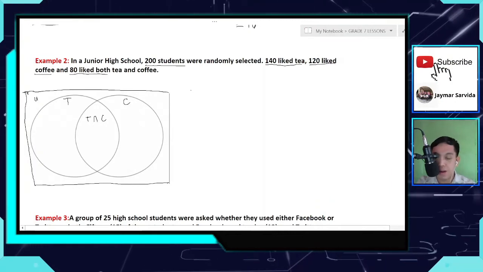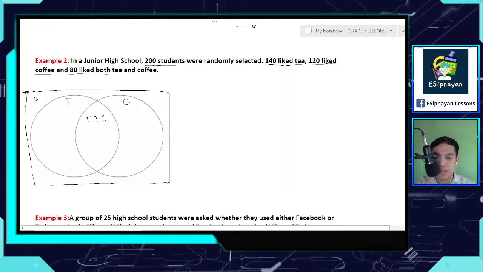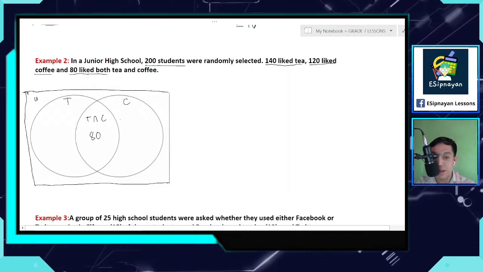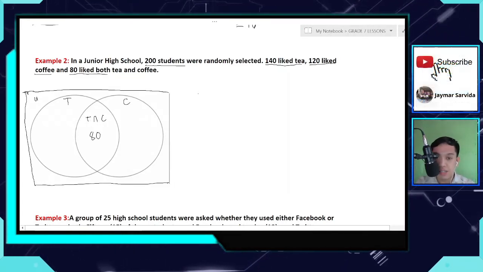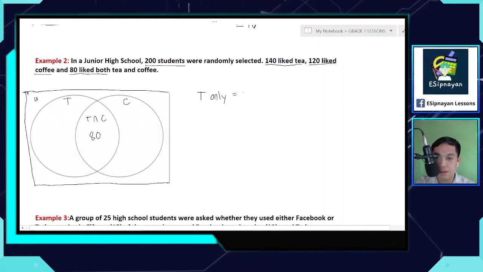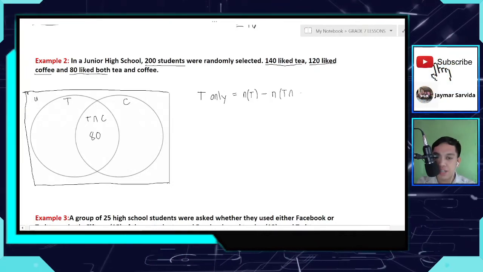Para mahanap natin yung number of students who like T only, the number of elements para sa T only, we have N of T minus the number of elements of T intersection C.